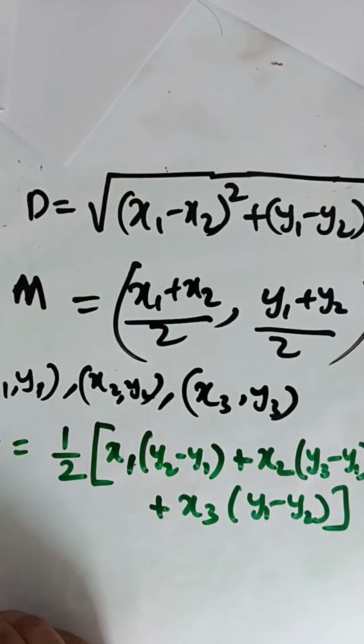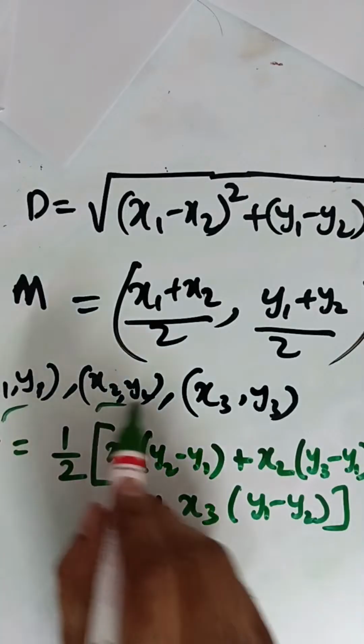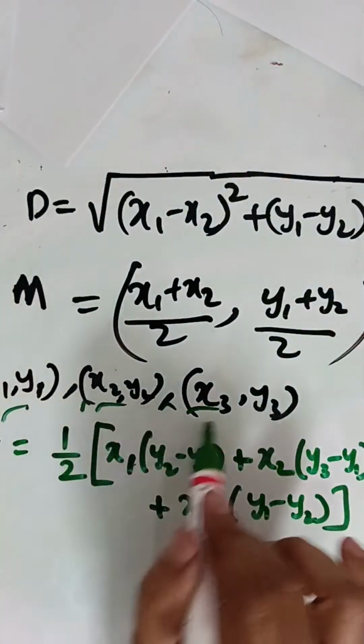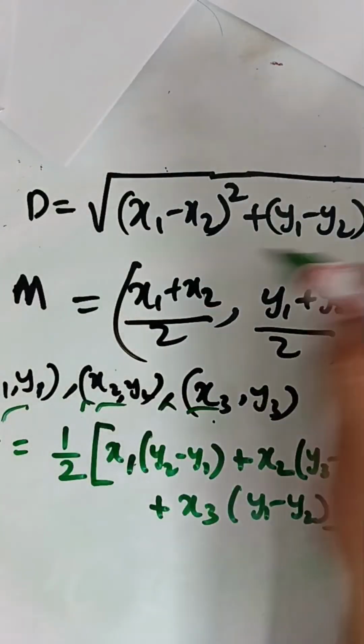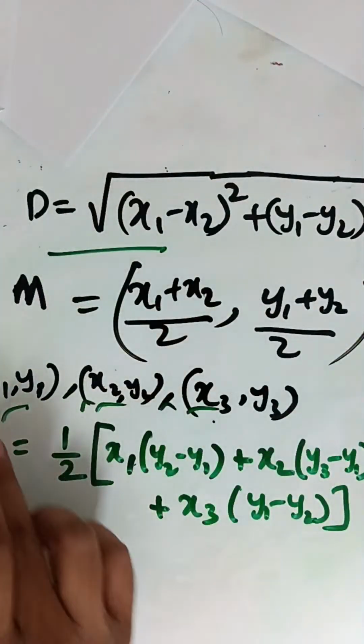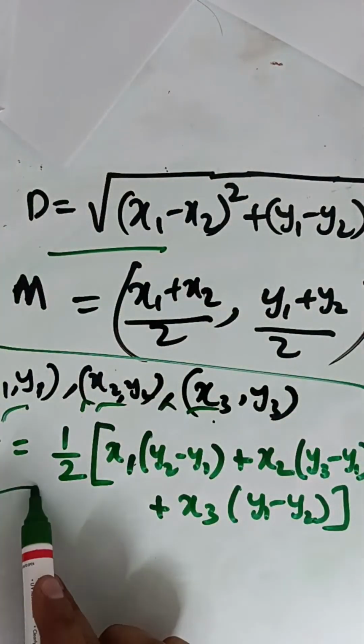This is the formula for finding the area when three vertices are given.